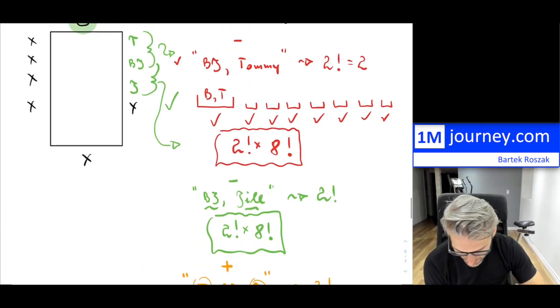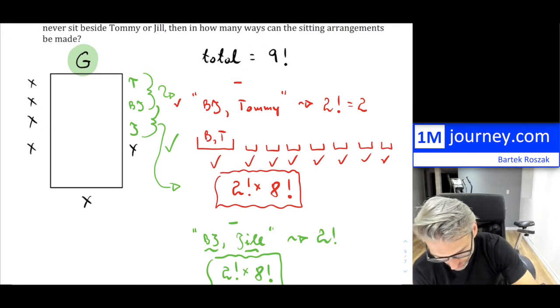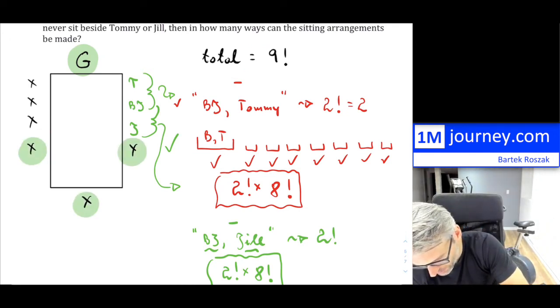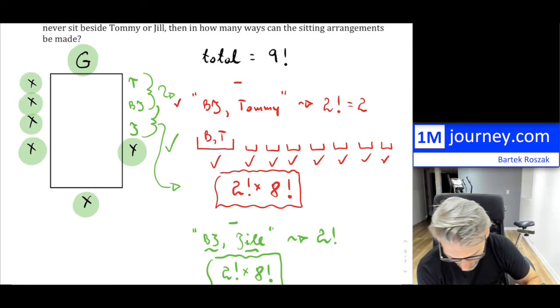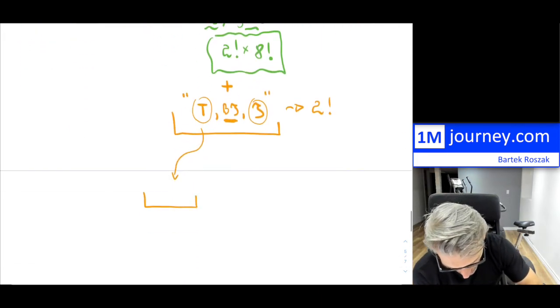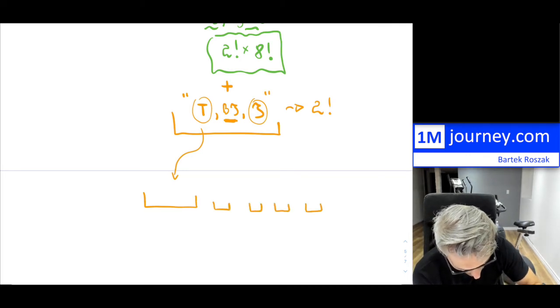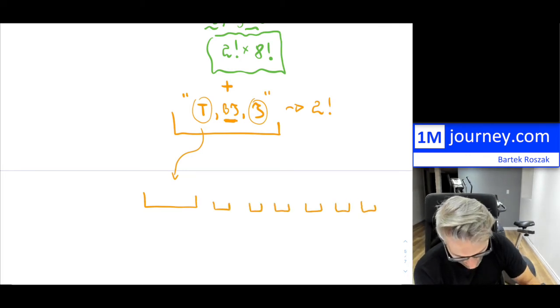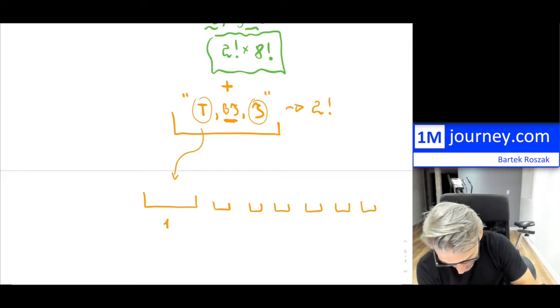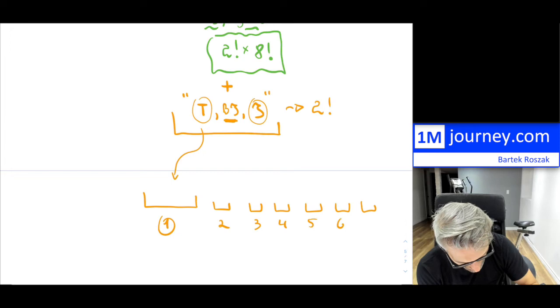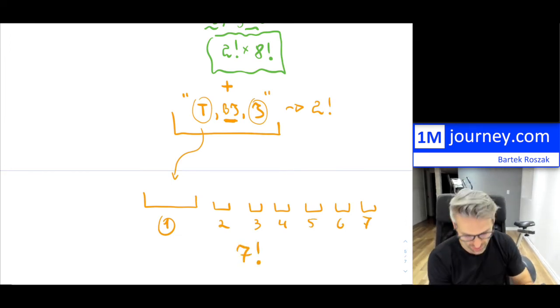Well, in terms of the number of seats still, that leaves 1, 2, 3, 4, 5, and 6. So that's 6 extra ones that I have. And now I'm going to be rearranging all of this. So I have 1 big unit plus 6 others, 7 in total, so it's going to be 7 factorial ways of rearranging those.